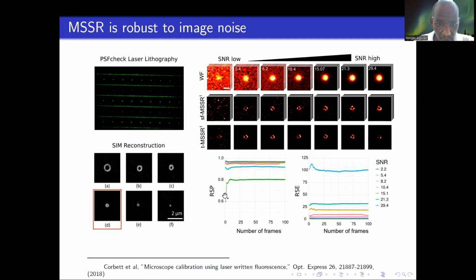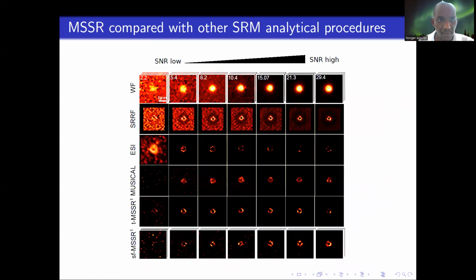If we compute the global index of resolution, we can see a stabilization of these values up to 25 frames, so we can see a reliability of the reconstruction of MEASURE.